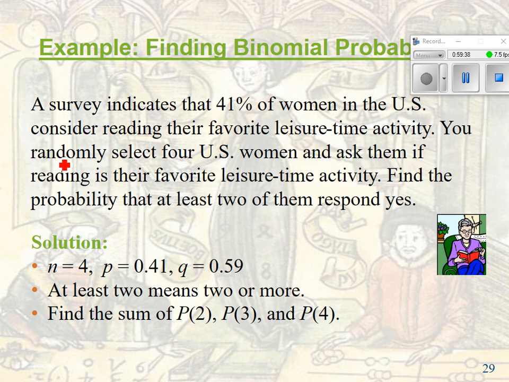So if I do second bars, I gotta get a new calculator. CDF, and I punch in, this time I want N is 4, P is 0.41, X is 1, we want from 1 down, so we're just doing 1 and 0 together. Do you do 1 comma 0? No, we just do it this way.